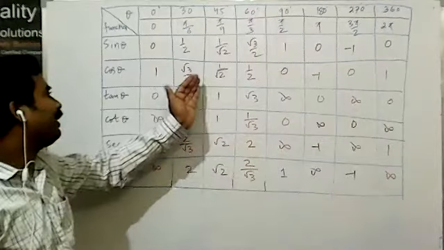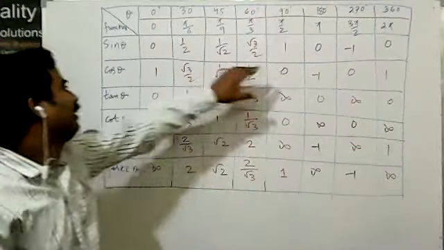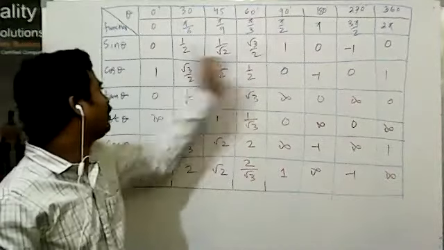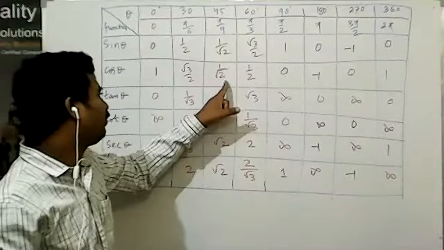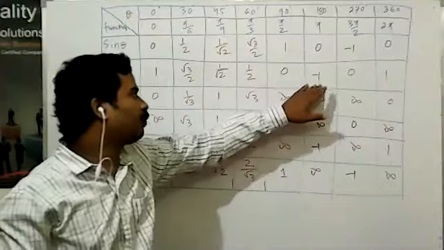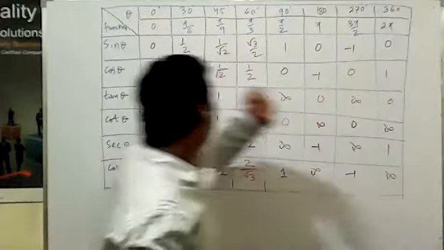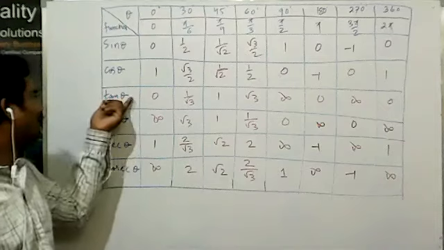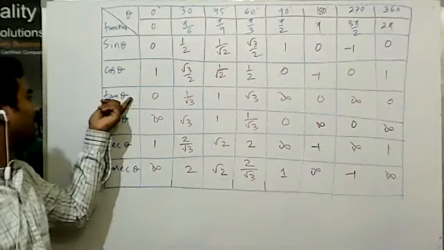The cos function is decreasing, with 1 at 0 and then just the reverse: root 3 by 2, 1 by root 2, 1 by 2, 0, minus 1, 0, 1. This means sin theta by cos theta is equal to tan theta.